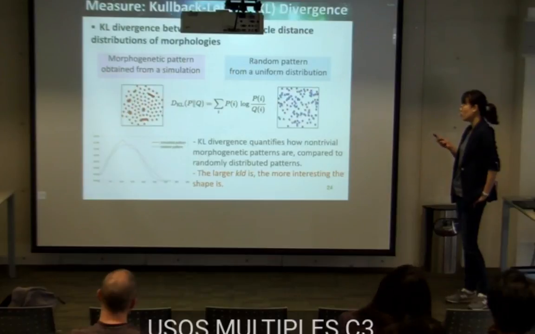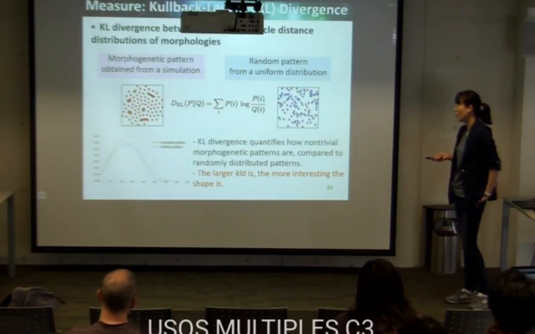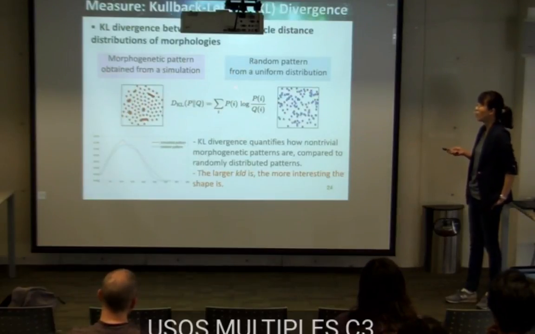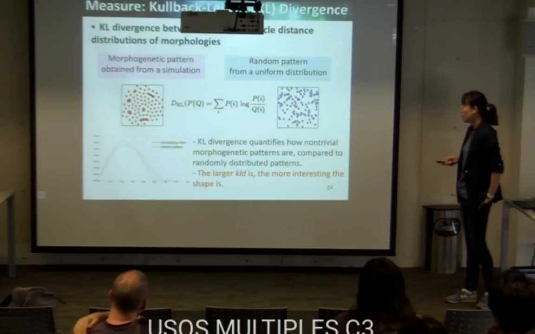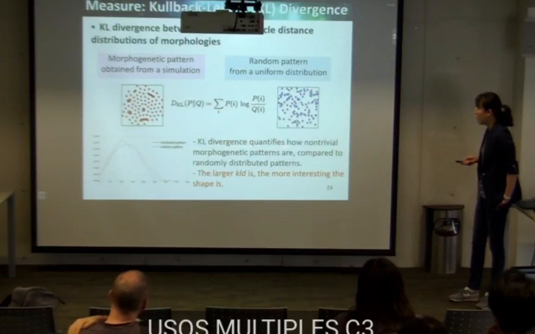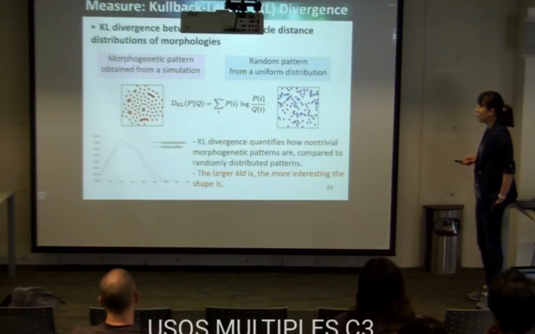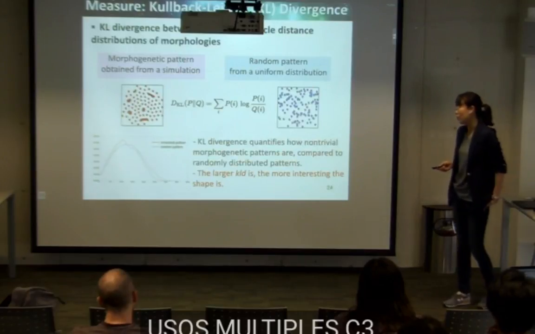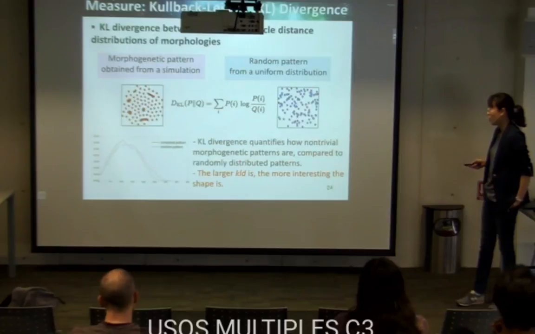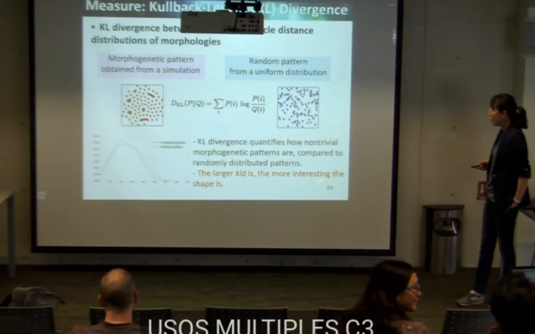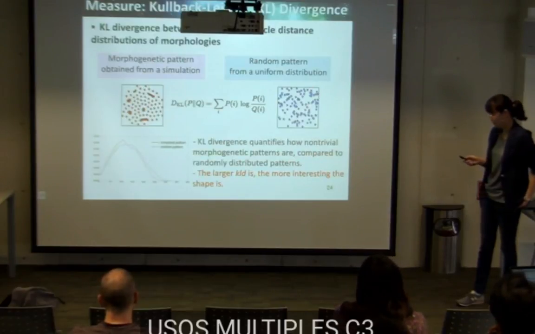Based on the two distributions, we calculated the Kullback-Leibler divergence. In our study, the Kullback-Leibler divergence quantifies how non-trivial morphogenetic patterns are compared to randomly distributed patterns. So the larger the Kullback-Leibler divergence is, the more interesting the shape is.